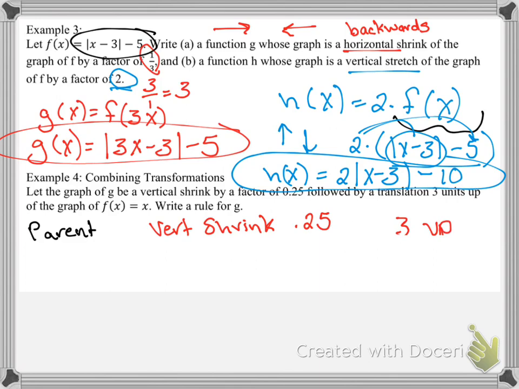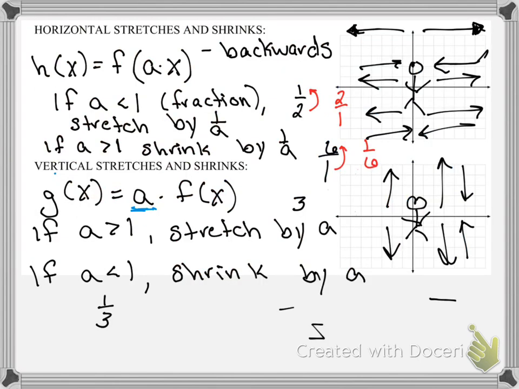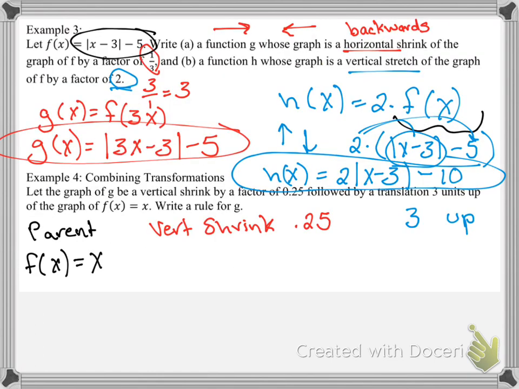We're only going to do one thing at a time. I'm going to switch colors to help us out a bit. First of all, my parent function is f of x equals x. Well, that's a nice parent function. If I want to do a vertical shrink by 0.25, I just multiply out front by 0.25.